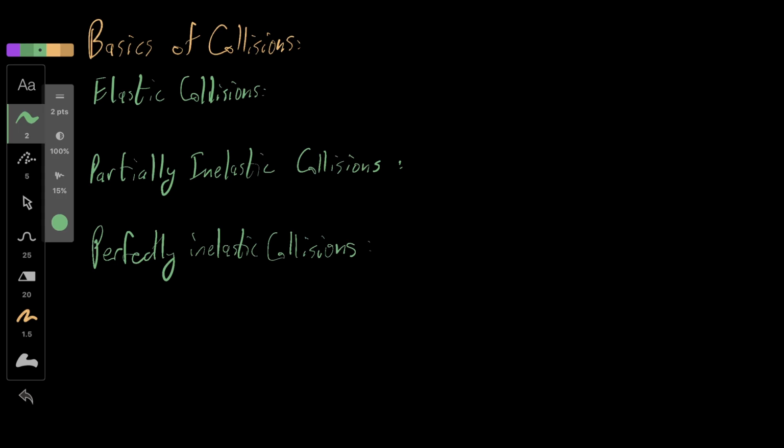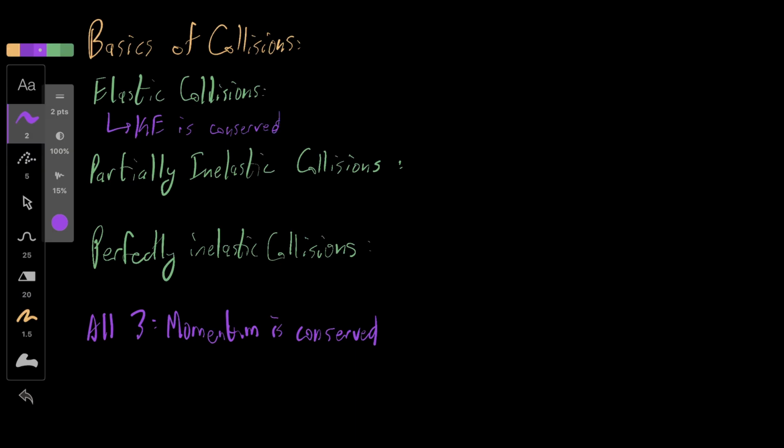But before we cover those formulas, let's understand more about these different types of collisions. Now, remember, by conservation of momentum in all three, momentum is conserved. What varies, though, is kinetic energy. In elastic collisions, kinetic energy is conserved. In partially inelastic collisions, kinetic energy is lost.